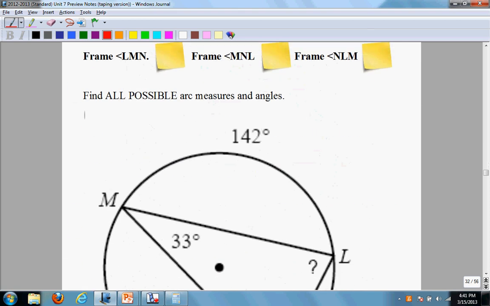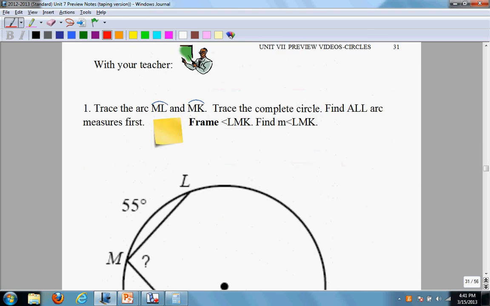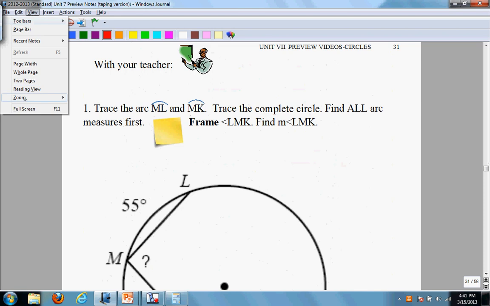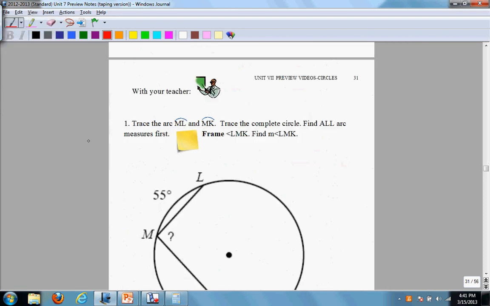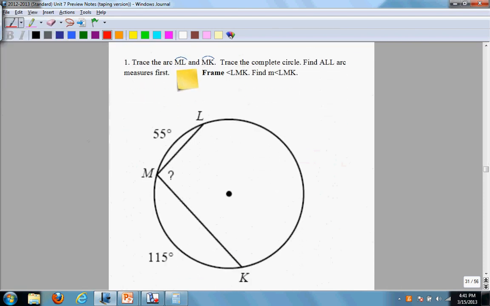Okay, we're going to do just two more problems together here. Have your post-its handy. Follow with me, please. It says, trace the arc M to L. Notice that's two letters, so we go the short way around.